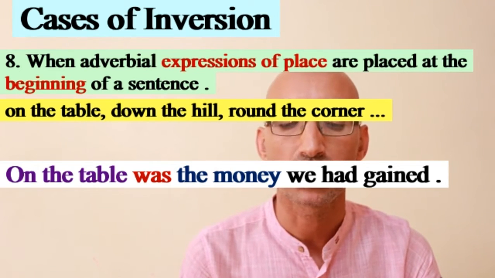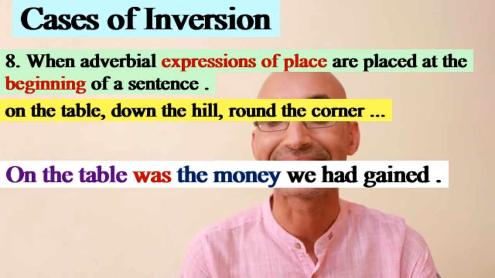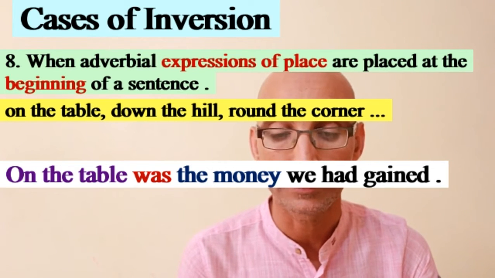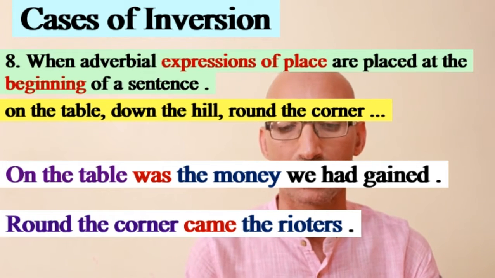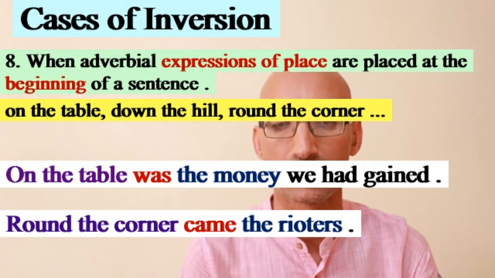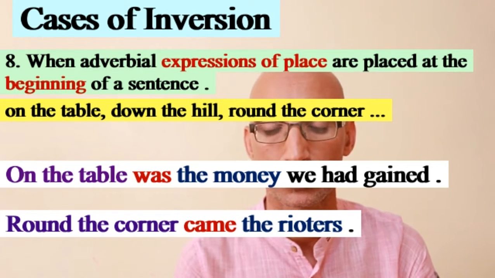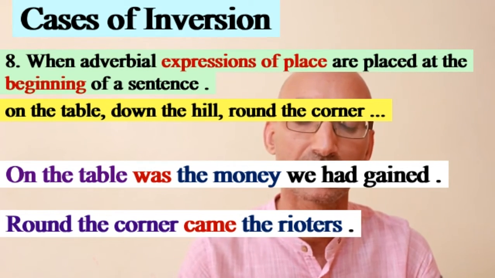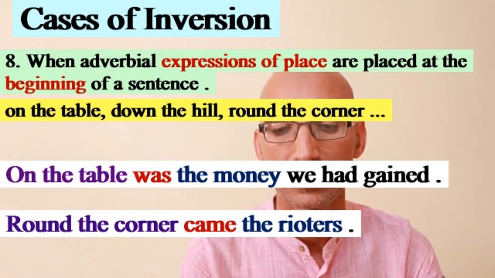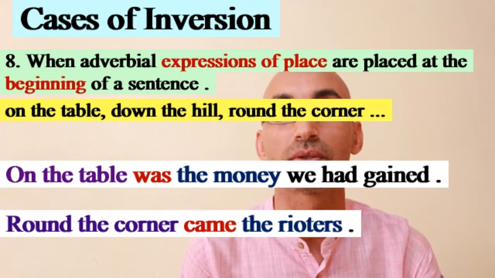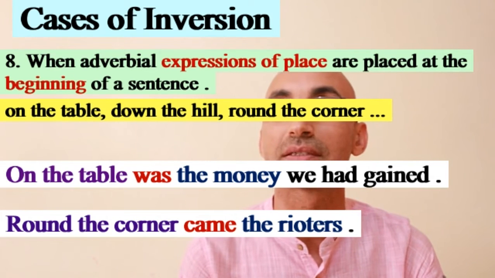Round the corner came the rioters. So here, after these adverbials of place, we always find inversion: the verb, then the subject.